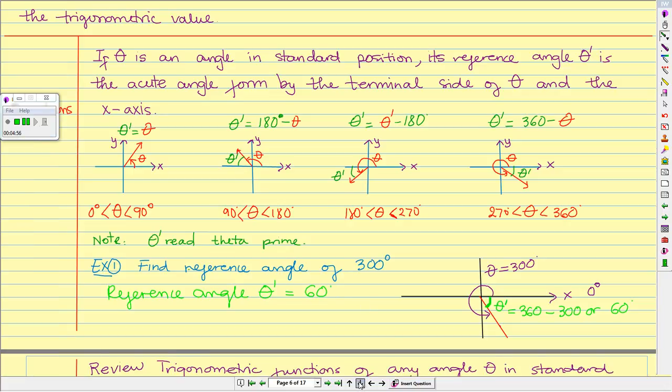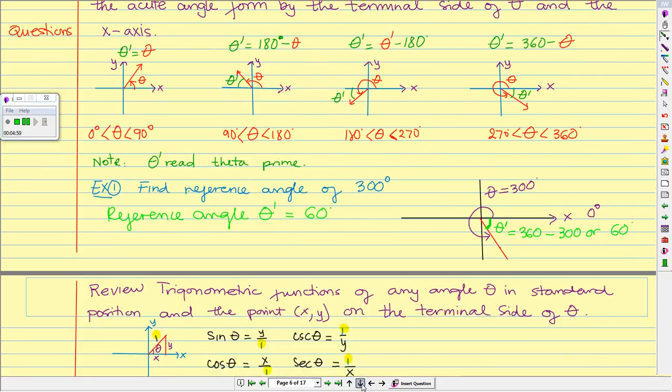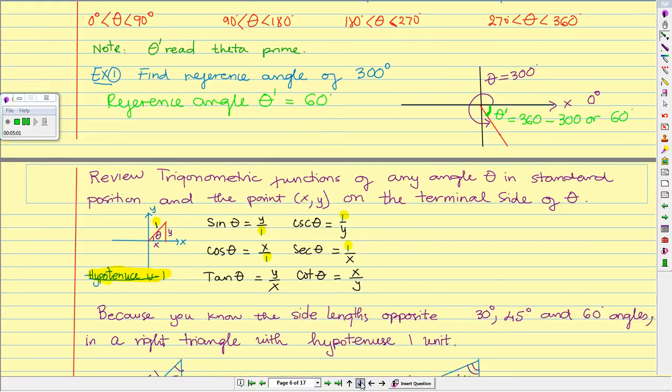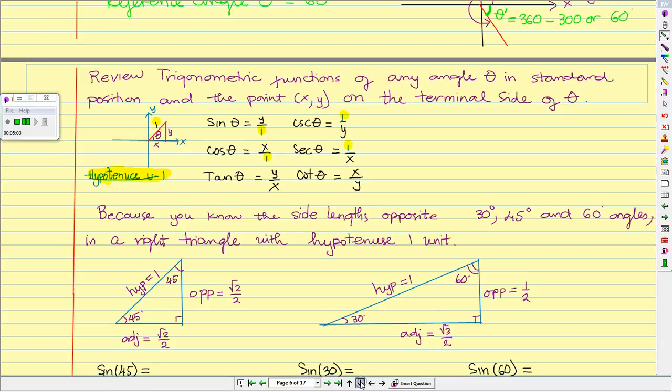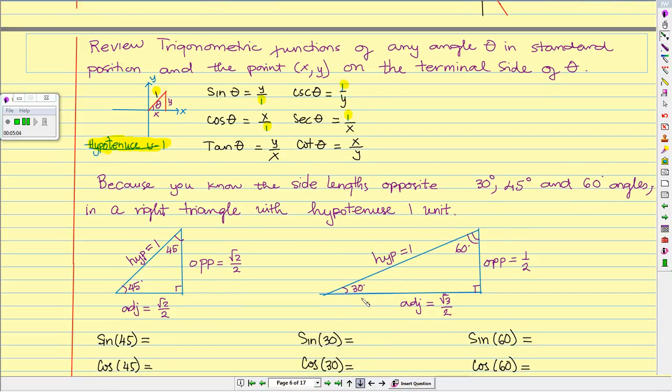Okay, so now we know how to find the reference angle. Let's go ahead and review the trigonometric functions.